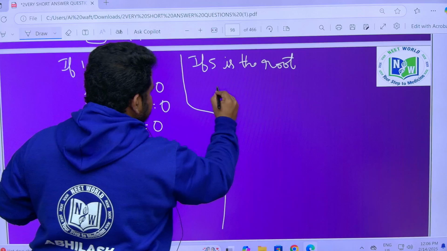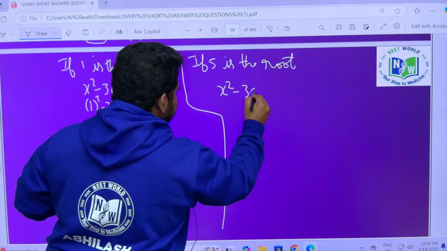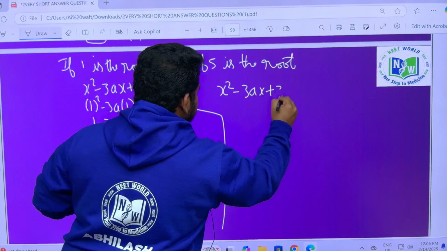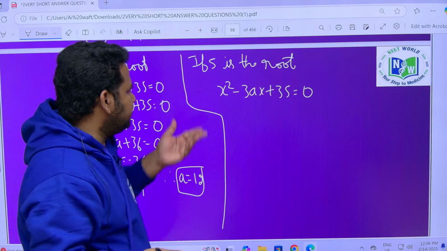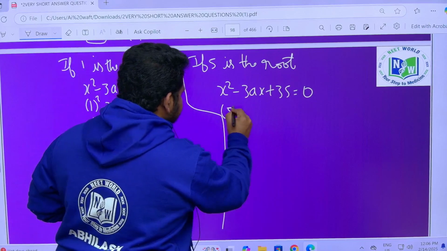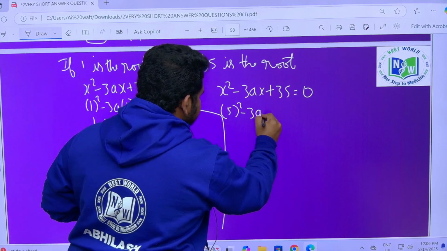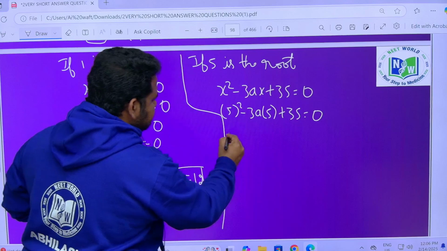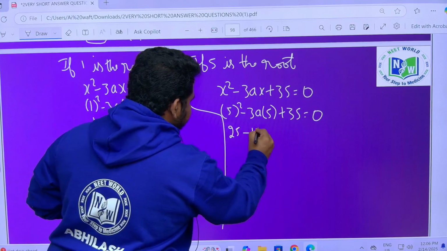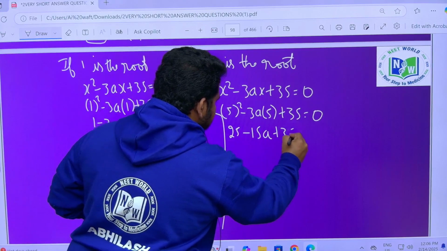So let us take the second equation, x square minus 3ax plus 35 is equal to 0. Wherever x is there, we have to put the value of 5. So when I put 5 here, this will become 5 square minus 3a into 5 plus 35 is equal to 0. So this will give us 25 minus 15a plus 35 is equal to 0.